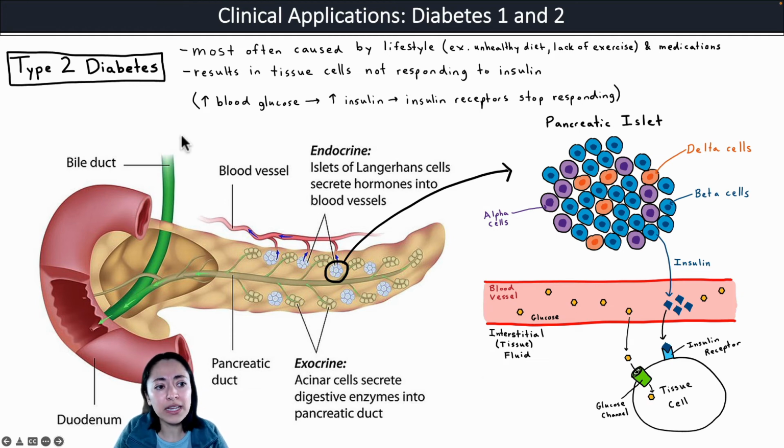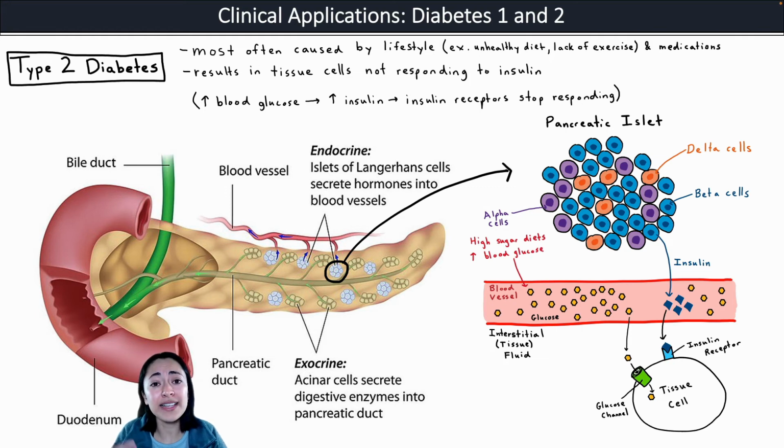However, if somebody is consuming a diet high in sugar, they're going to have high blood glucose levels. So they're going to have excessive amounts of glucose in their blood. That's going to trigger an overproduction of insulin. Okay, so now they have a whole bunch of insulin. These insulin receptors are now just being bombarded by insulin.